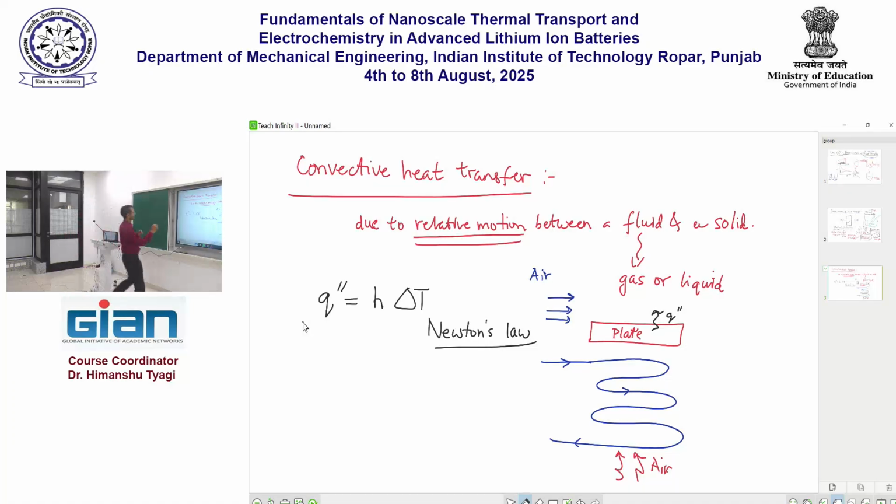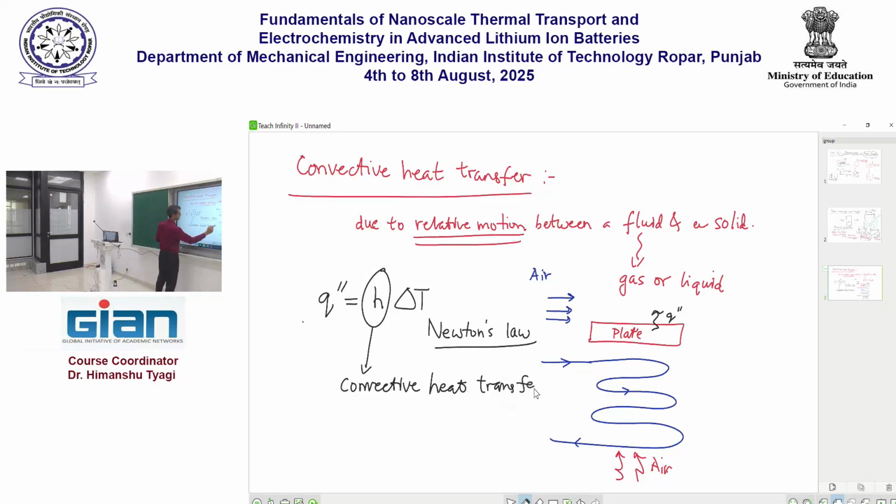H is called the convective heat transfer coefficient. As you can guess, H has units of watt per meter square Kelvin. Okay?